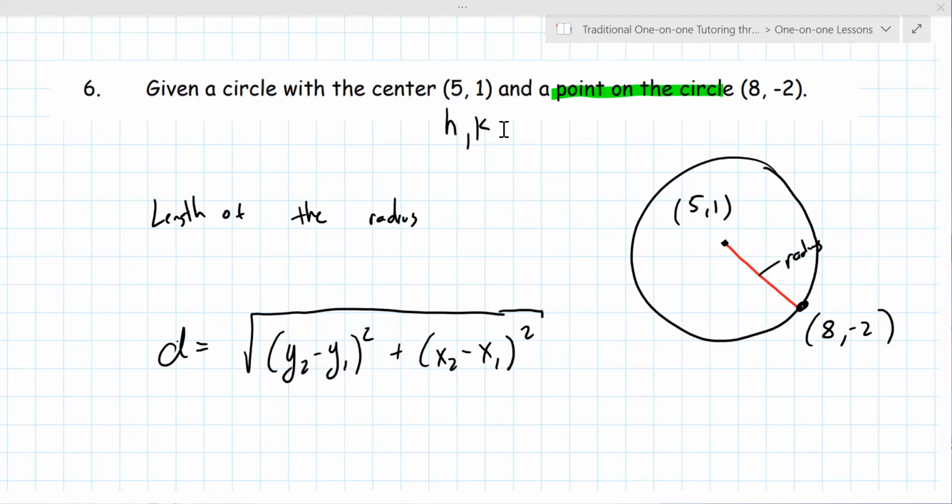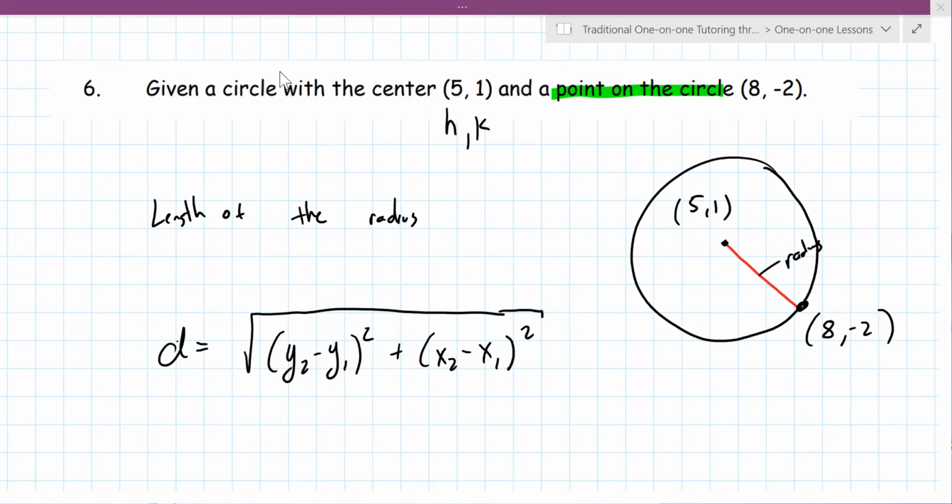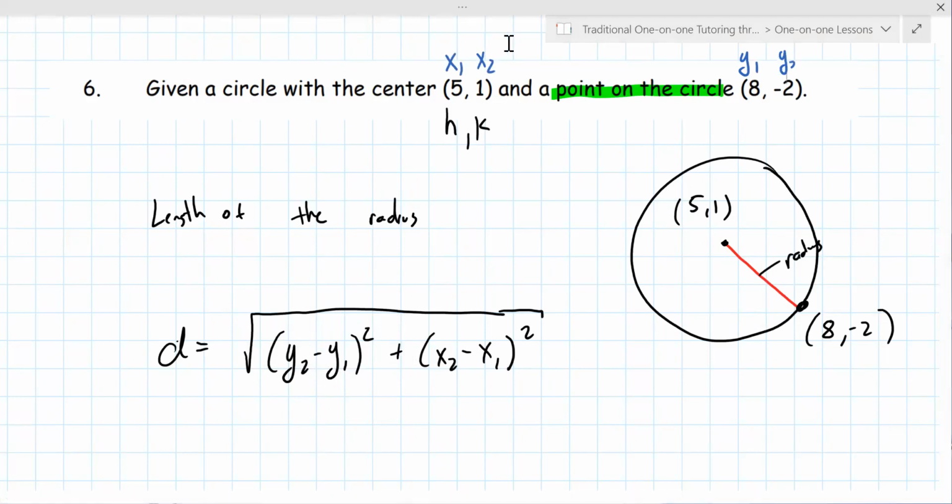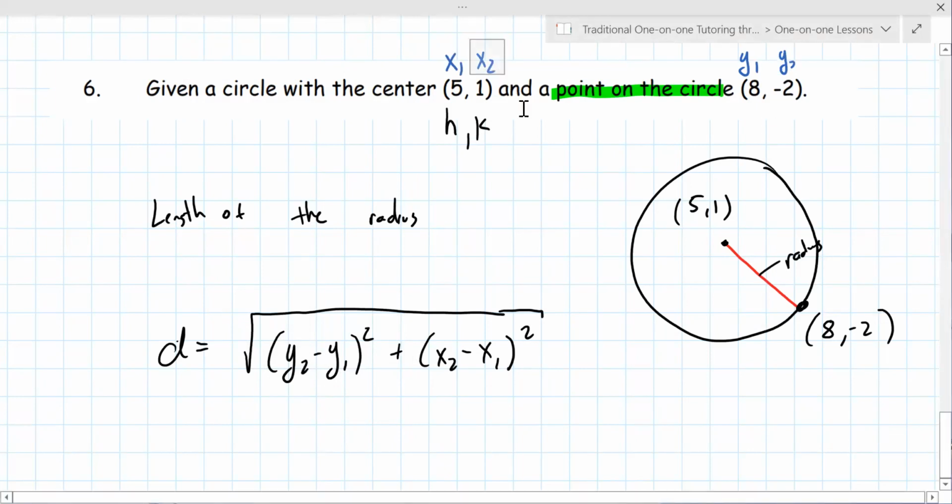Now, in terms of what is x1 and x2, you go back to your original equations. This is x1, y1, x2, and y2. So tell me the value of y2, please.